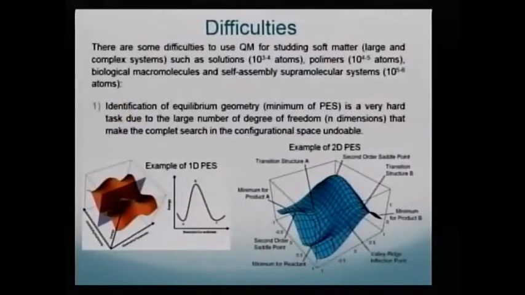So then when you start to think about the difficulties of performing quantum calculations, if you want to study a large system like soft matter or even a porous solid, and you want, for example, your system in solution, you will have to calculate systems that have around 100 or 1,000 atoms.